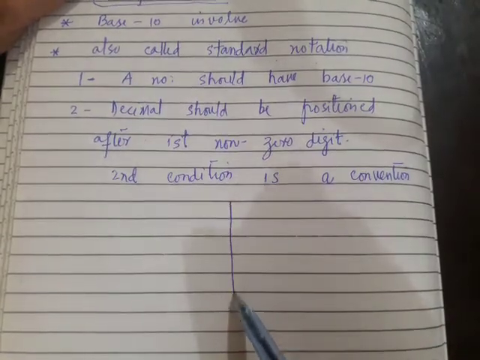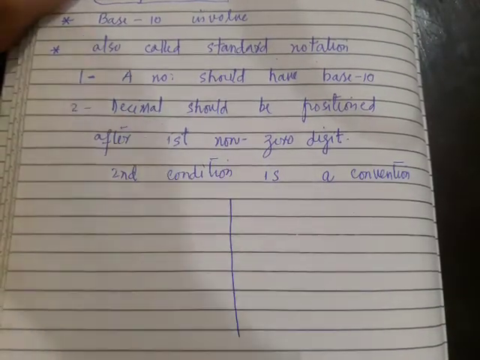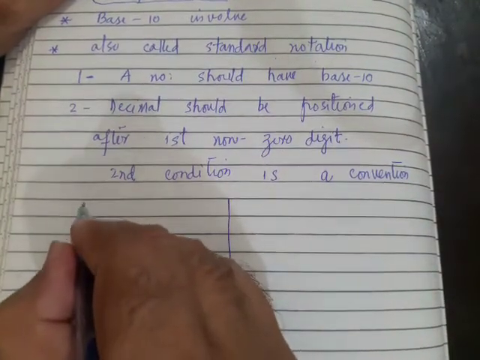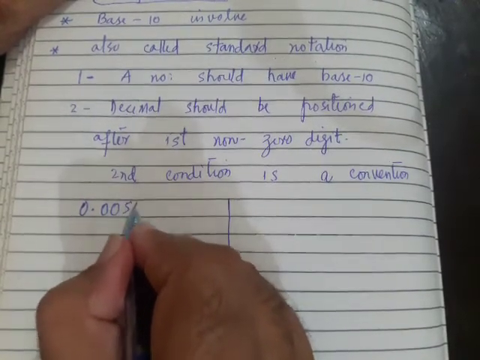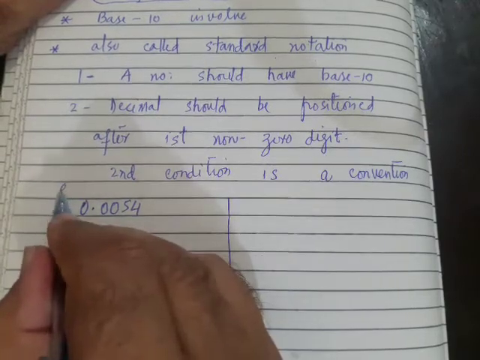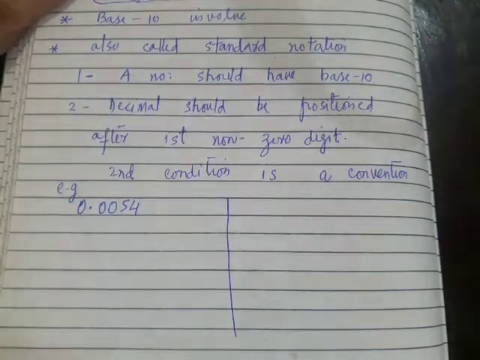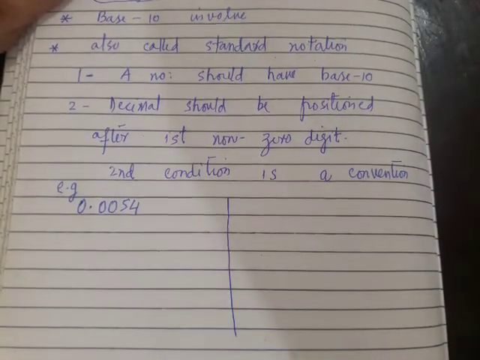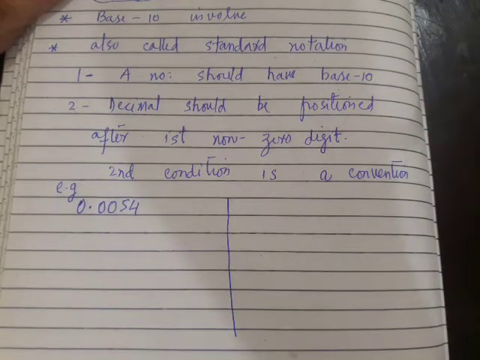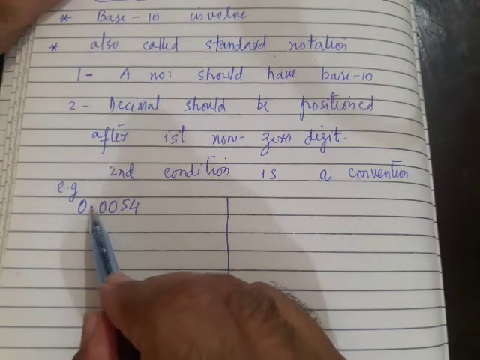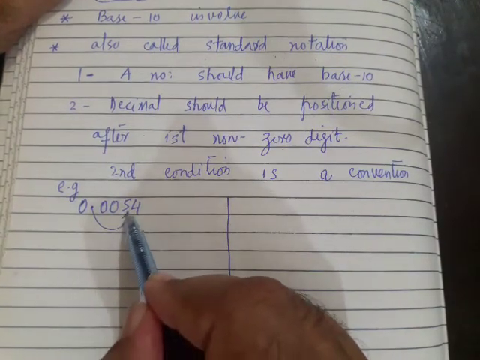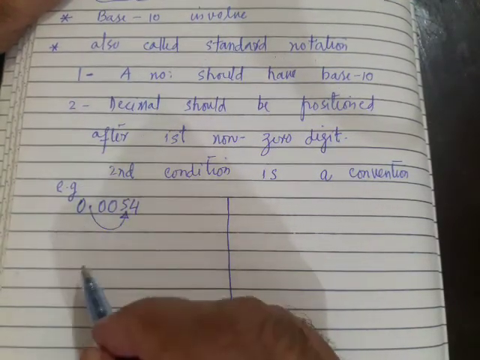Let me explain with a few examples. Let's suppose we have a number 0.0054. As per the rule, the decimal should be placed after the first non-zero digit.